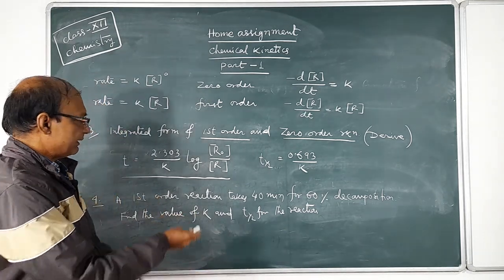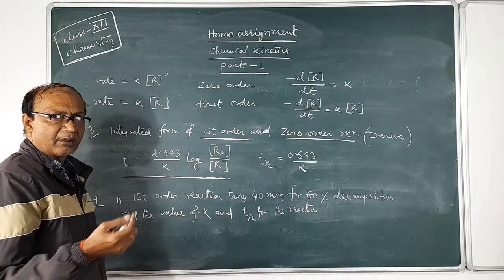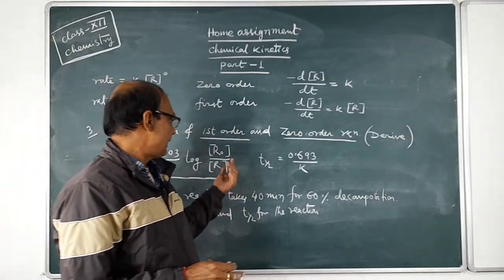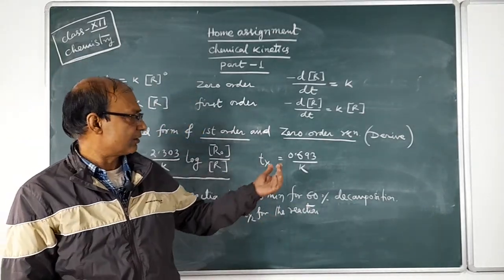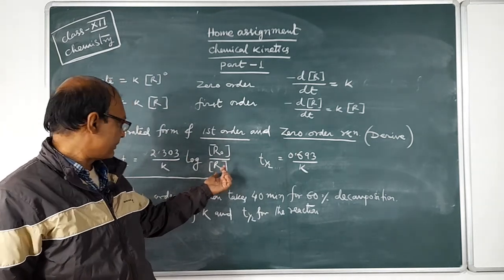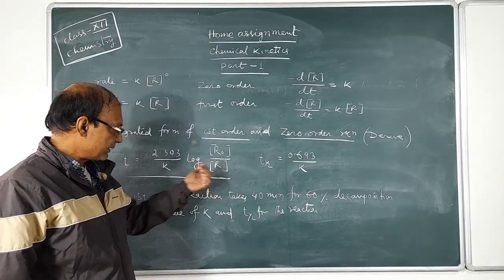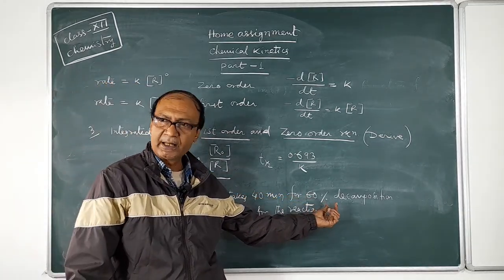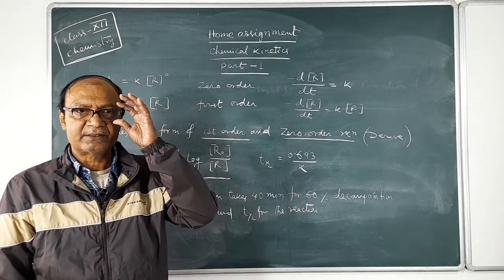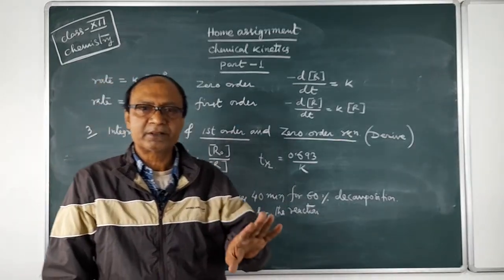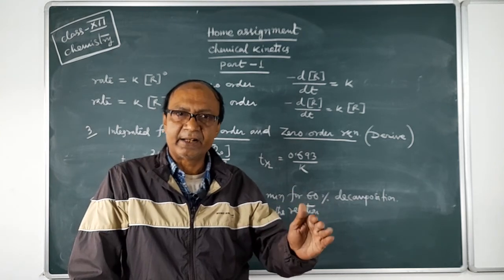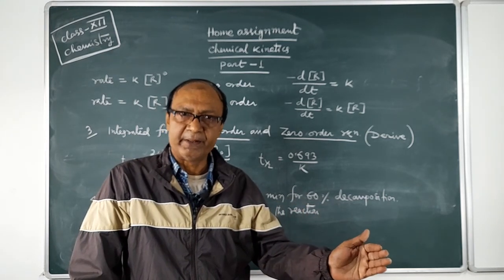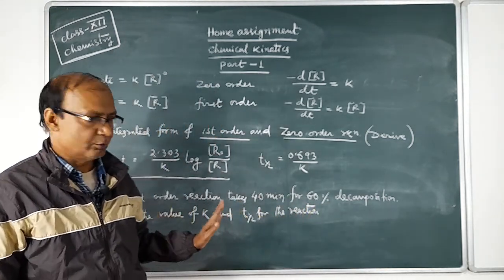You know that this is R naught, the initial concentration, and R means the concentration of the reactant after time t, that you will calculate. 60% of the reaction has completed, so 40% of the reactant will be left after 40 minutes. You know how to calculate it.